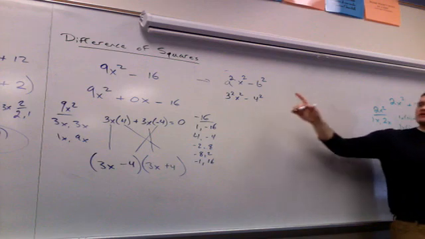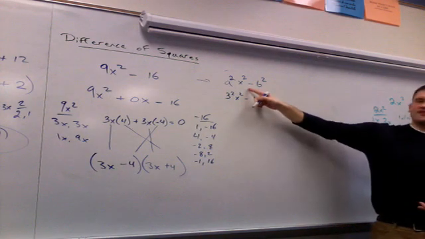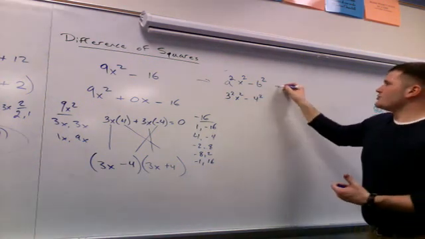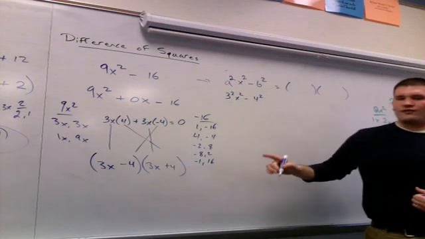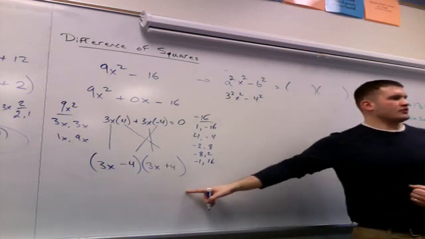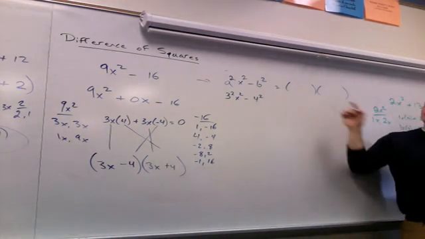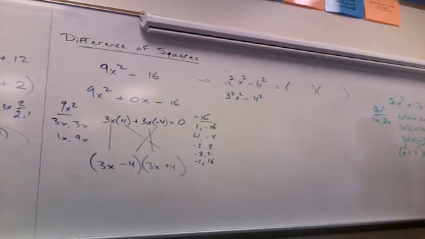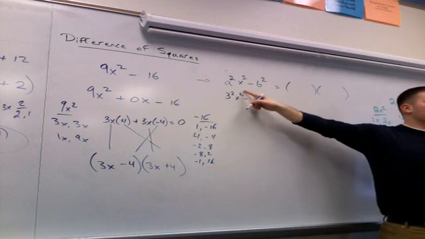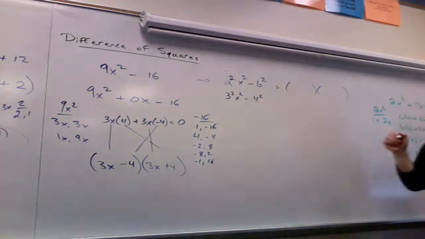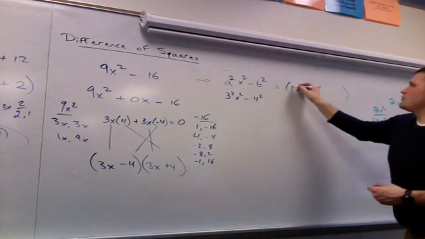So that means since it fits this form, I can use my shortcut that gives me 2 factors that look like these ones down here. What do you guys think these 2 factors are? Well, it goes 3x minus 4, 3x plus 4. So what's it going to be in a more general case when I'm using a and b? ax minus b, ax plus b.